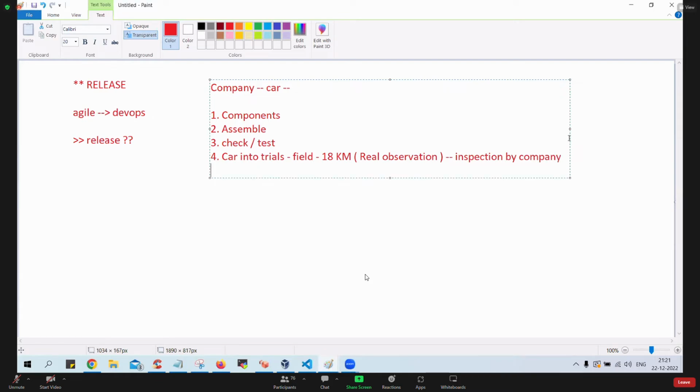Correct? So in the field, whatever funny things, errors or bugs they identified, definitely when the car returns to the company, they will fix it. Am I correct? You getting the point, guys?